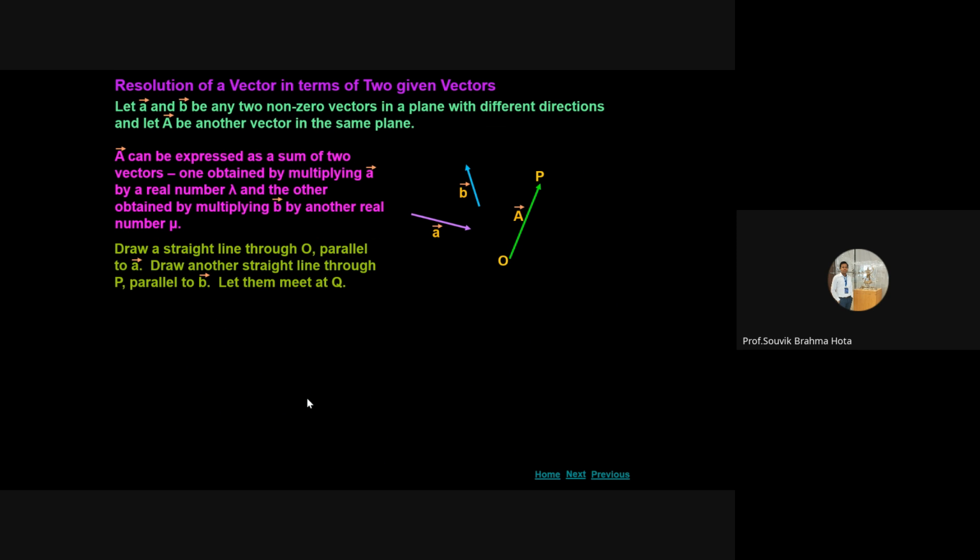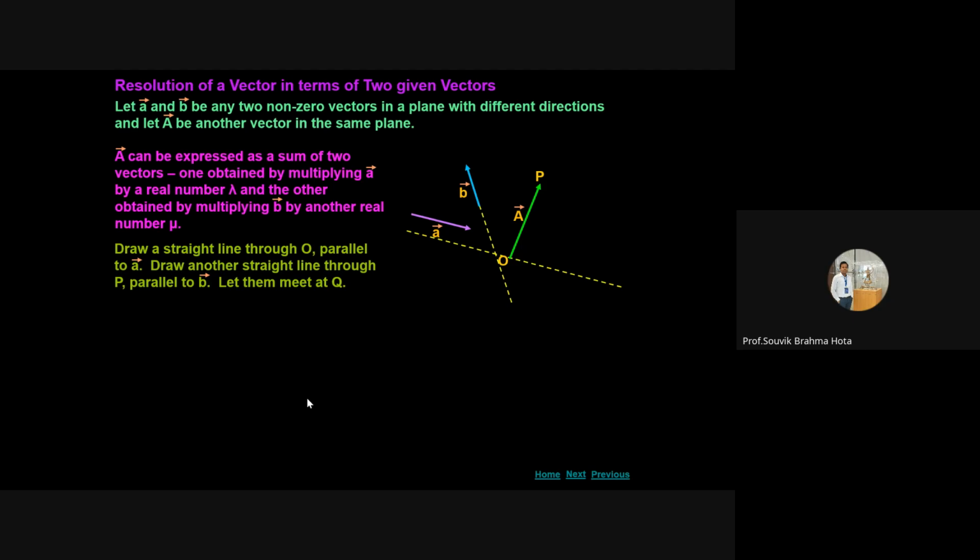Now how to do it? Draw a straight line through O, parallel to a. Draw another straight line through O, and then produce this line b.